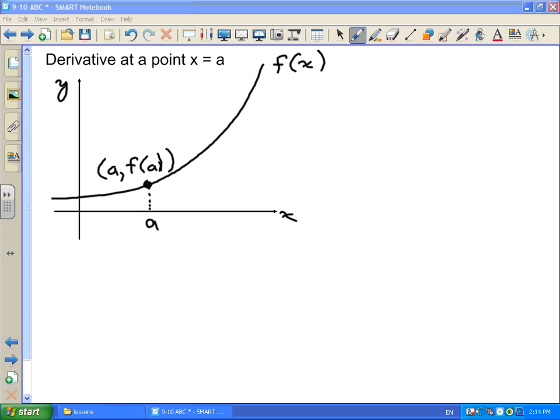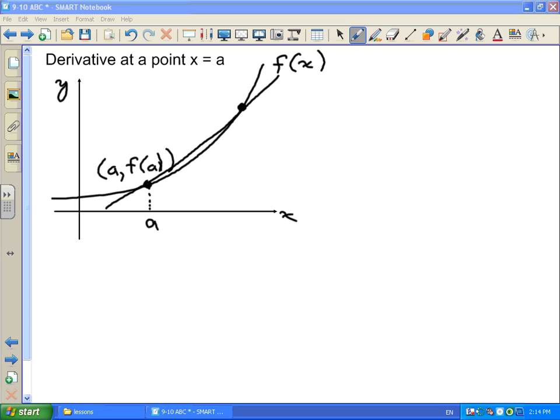Now, from what we talked about yesterday, the way that we were figuring out the slopes of tangents was we went to another point that was away from the point that we were interested in, okay, and we constructed a secant between these two points. Okay.